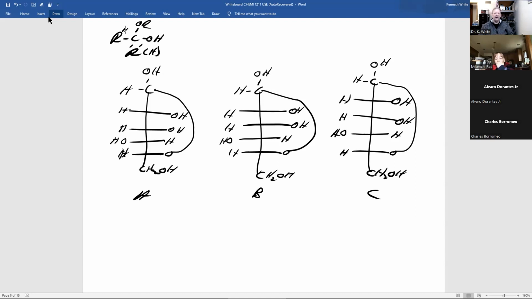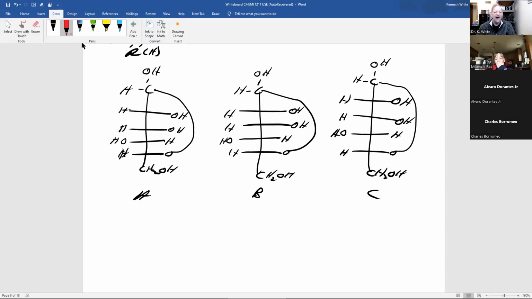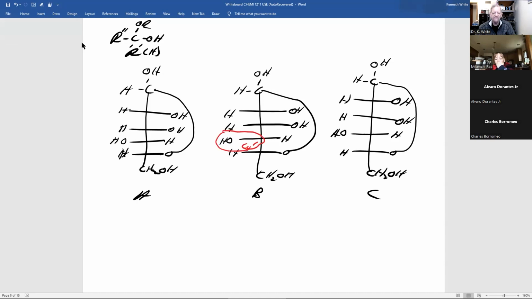This, the hemiacetal of the cyclic form of glucose. But now let's look at B. And on C4, this hydroxyl group is an alcohol.